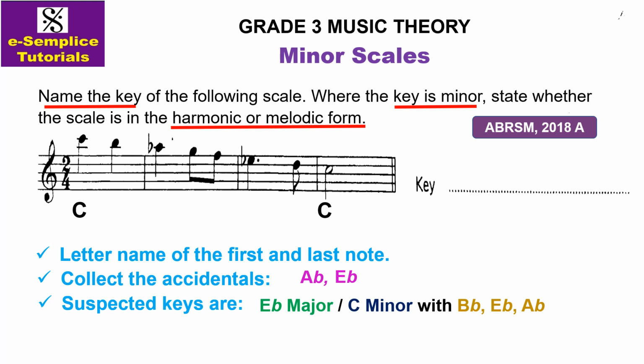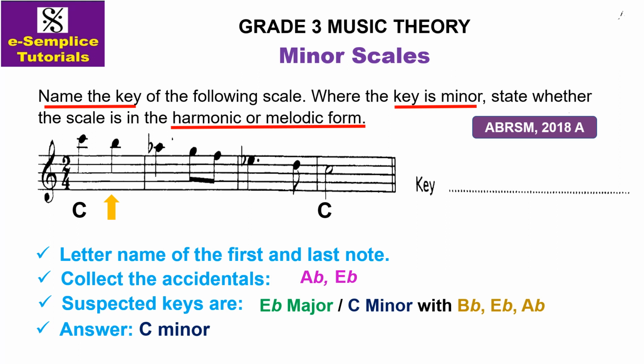Now already from these you see the answer is glaring. It's going to be C minor. And what had happened to B flat is because B flat is the 7th degree, and when that is raised, B will lose its flat.